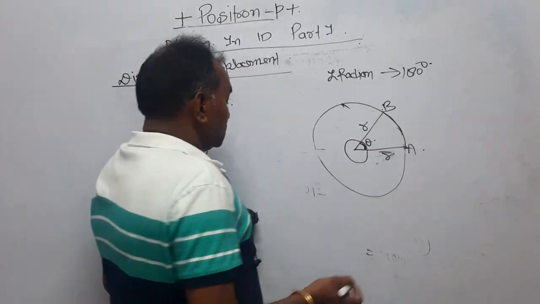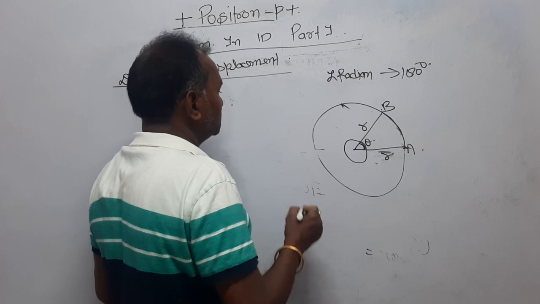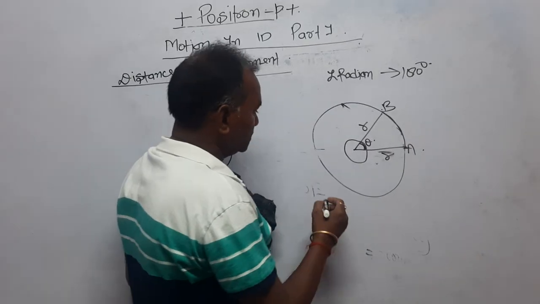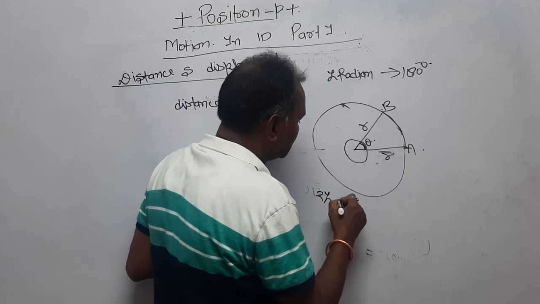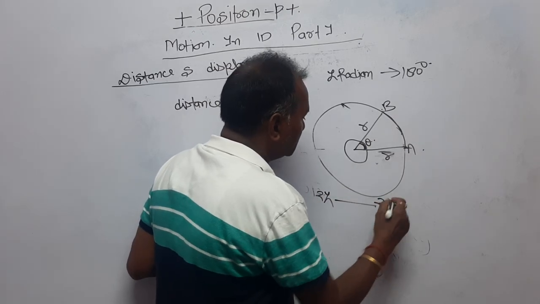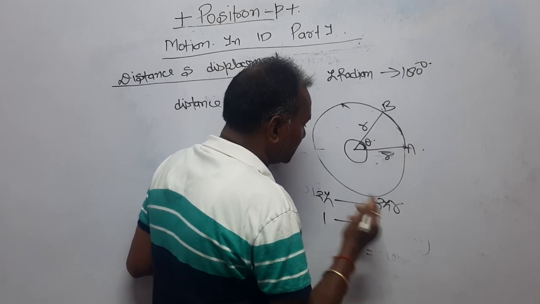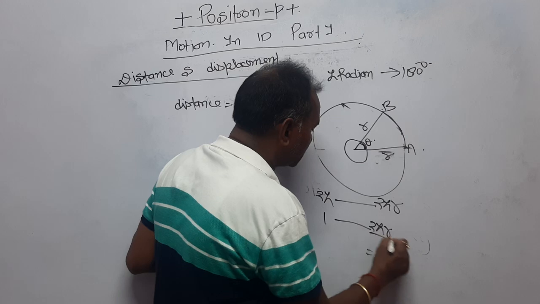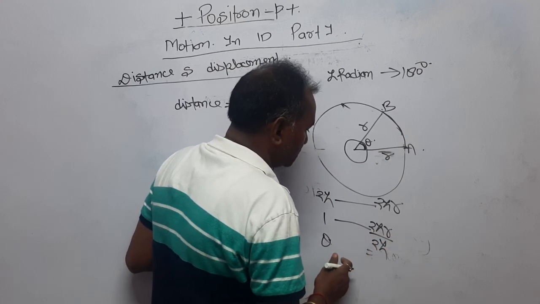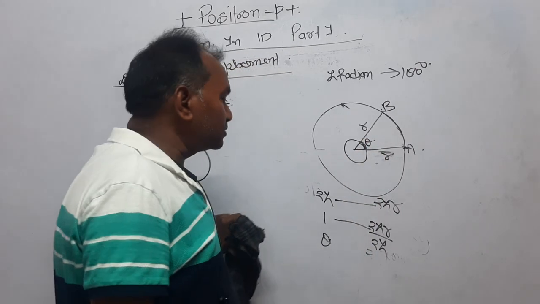So 360 degree means 2 pi. You can apply the unitary law like this: 2 pi angle is made when it covers the distance 2 pi r, right? So for 1 radian, it covers this distance, and for theta, if it is in degree, then you have to convert it into radian.